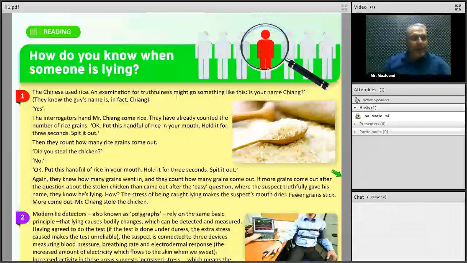As I mentioned earlier, some people blush, some people just can't make eye contact. They avoid making eye contact. Sometimes we breathe fast. Okay, so throughout history, people have tried different methods to distinguish whether someone is telling a lie or telling the truth.